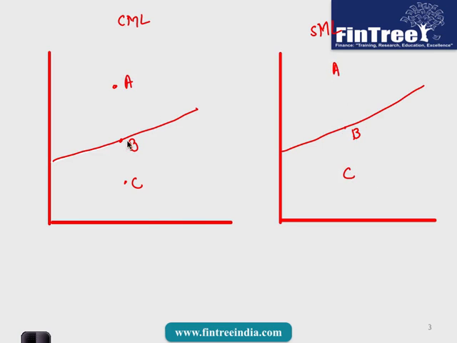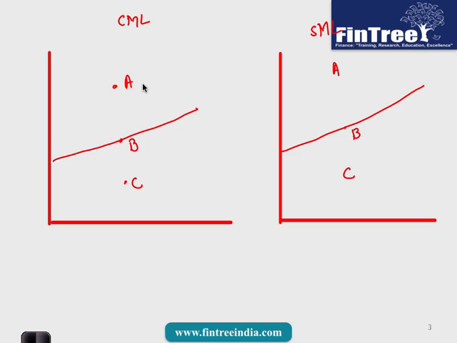If you are on CML, which one of these three portfolios would you like to select? A, B or C? You would like to select A, but what portfolio A is telling you is there exists a portfolio which is smarter than the market portfolio, correct? And the market portfolio was the most diversified portfolio.